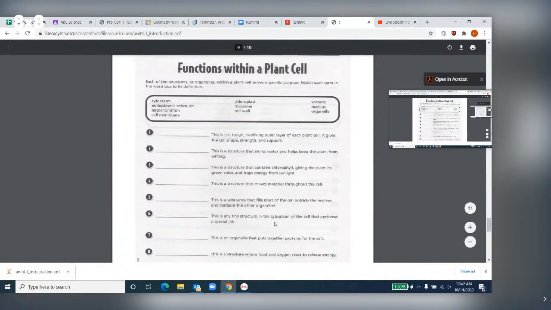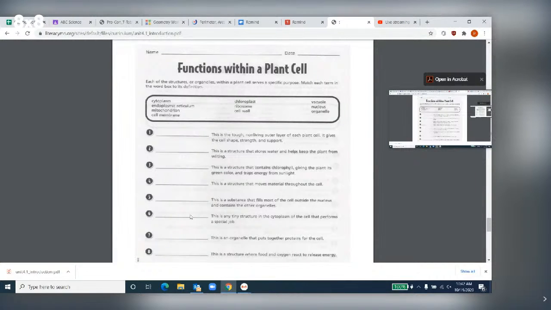Six, this is a tiny structure in the cytoplasm of cells that performs a special job. That's the organelle. Seven, this is an organelle that puts together proteins for the cell. That would be the ribosome. Eight, this is the structure where food and oxygen react and release energy.